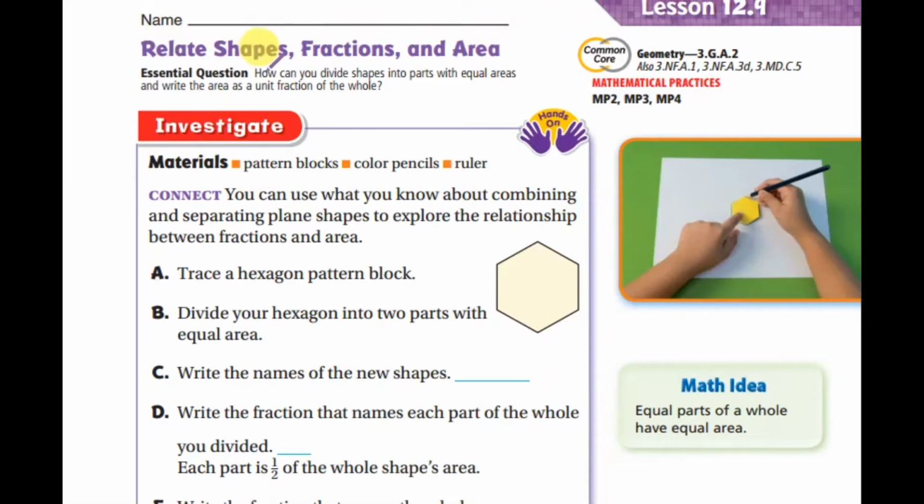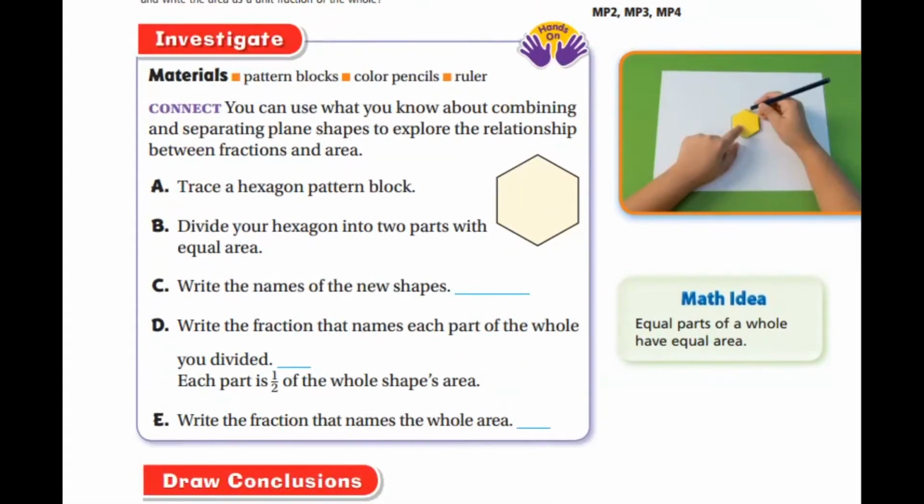So that will be the relation between shapes, dividing the shapes to create fractions, and to cut any shape into equal parts or equal areas. So let's see how we can do that and what fraction we will create.